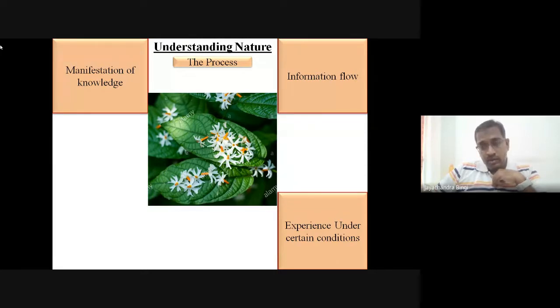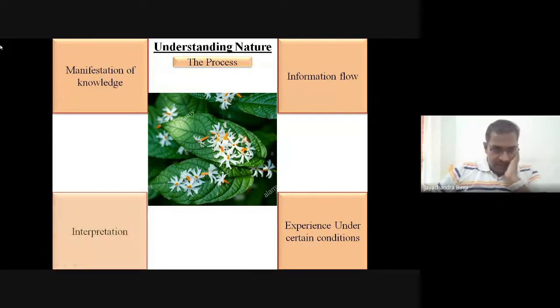For that you have to create some conditions or directions. Then you go for interpretation. When you are dealing with this particular step, you need to create your direction. I told you already that you need to create the direction, which direction you want to work. That direction is mostly given by your problem.